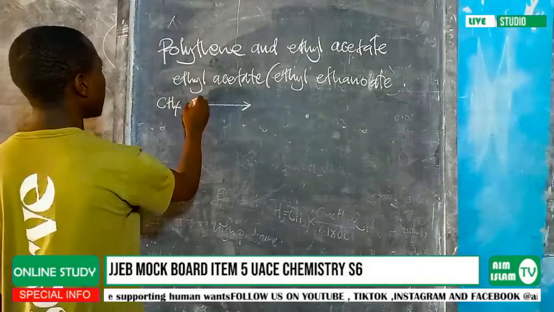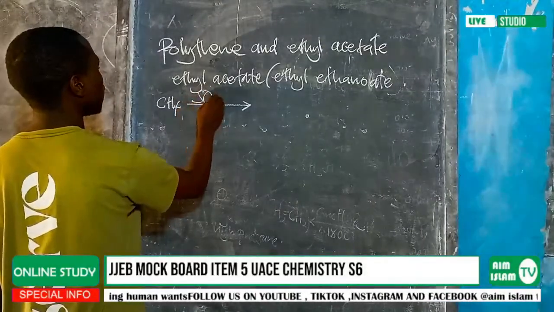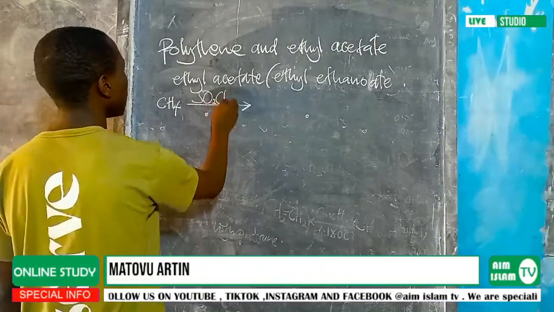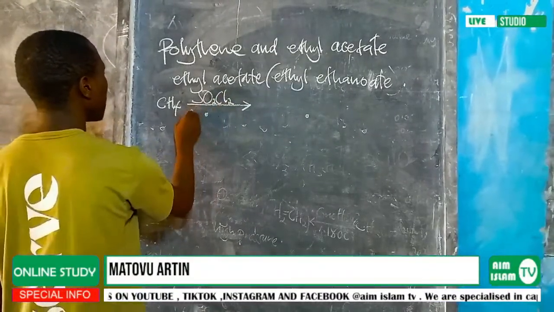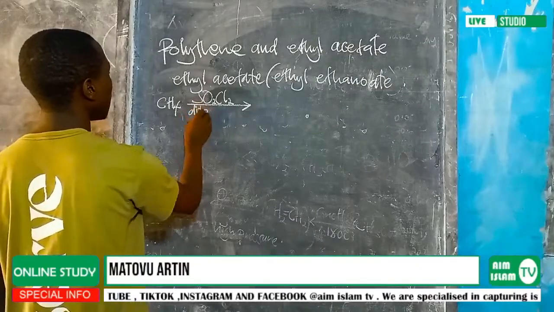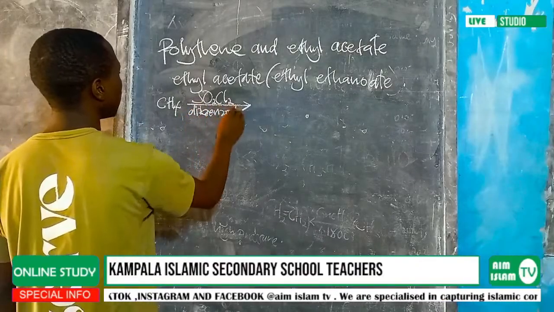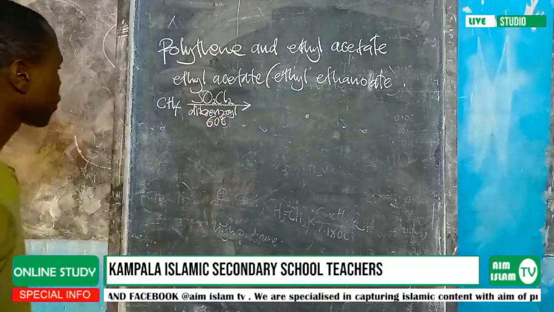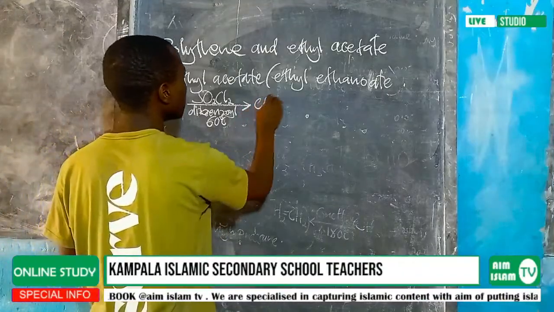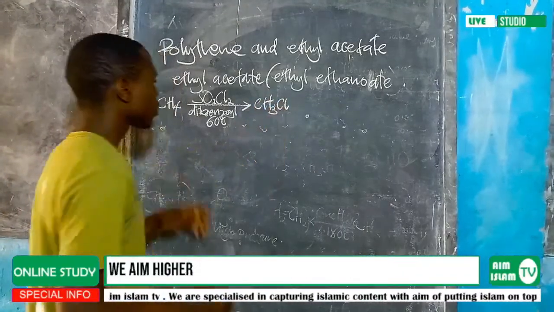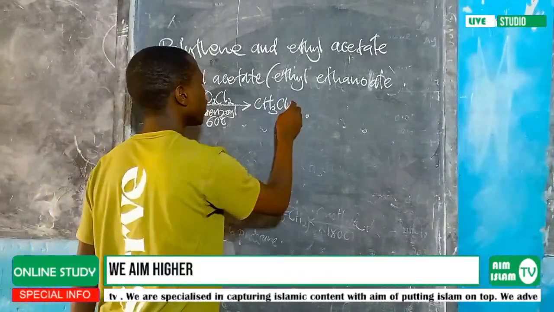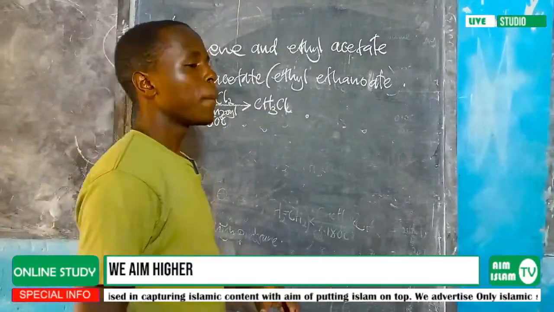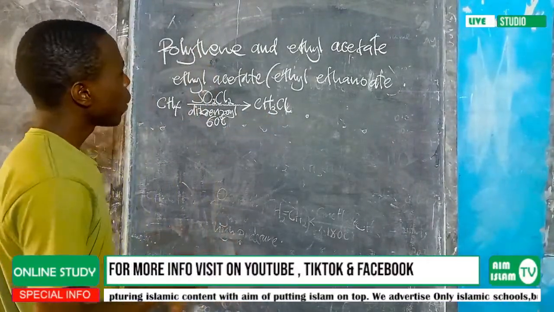So I can add sulfur dioxide dichloride in presence of a dibenzyl at 60 degrees. With this, I will form this compound, that is called chloromethane.